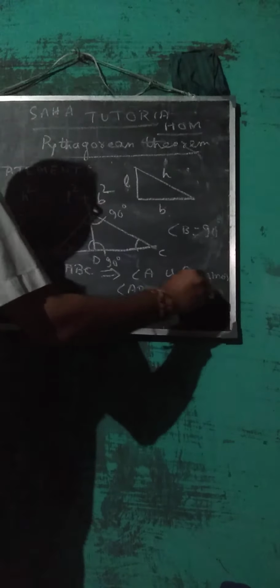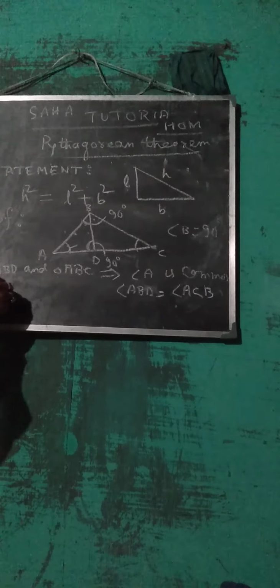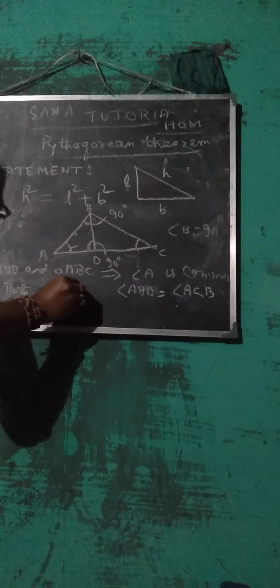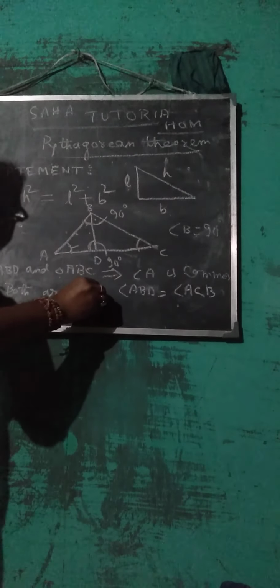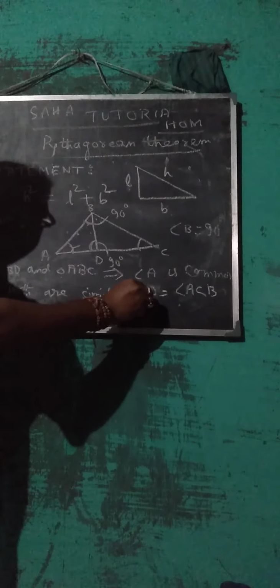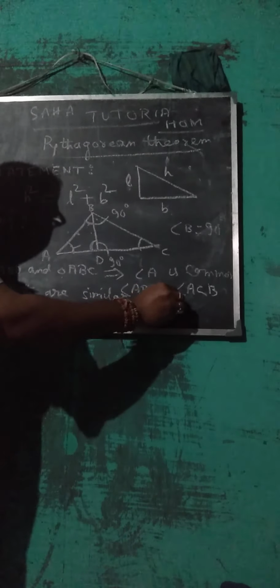So we are getting similar angles, so both are similar triangles. There is an important property of similar triangles. We will discuss these triangles.